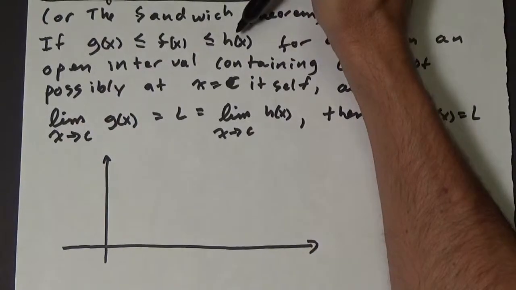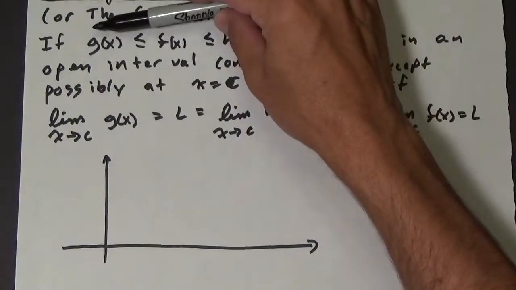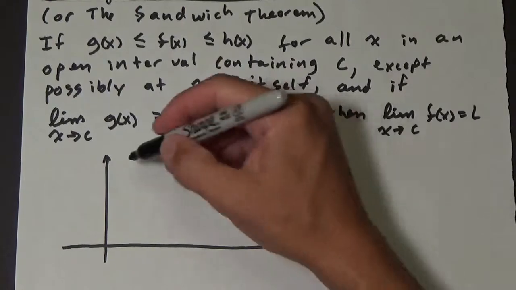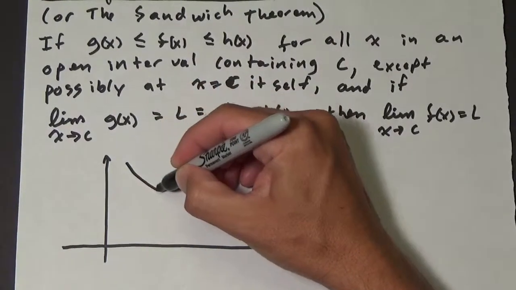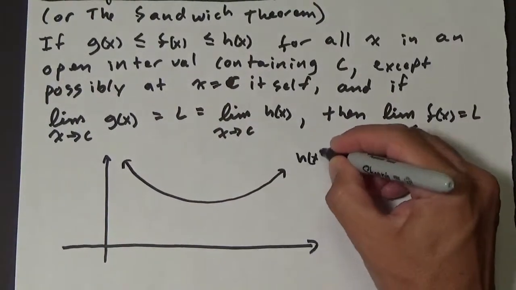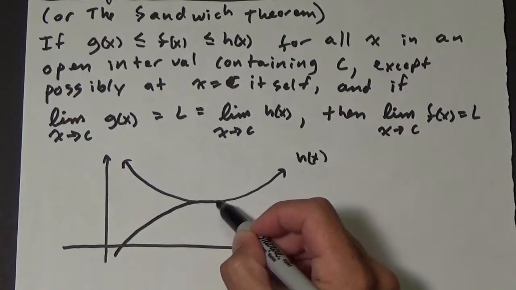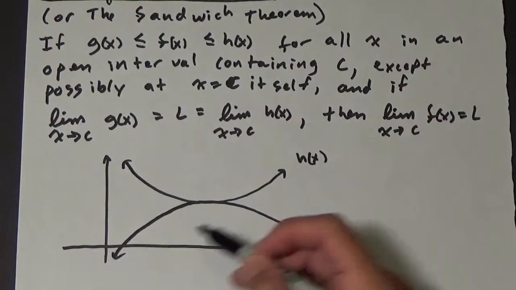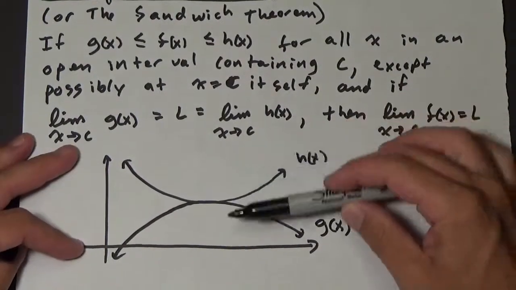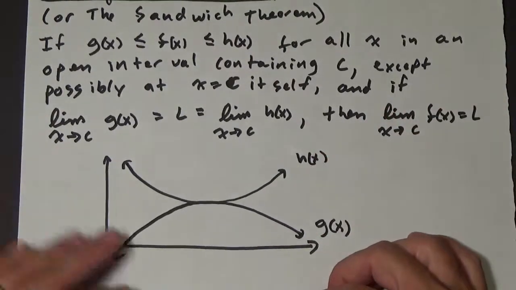Notice how this is all written, that h of x is always the greatest, and g of x is always the least, or the smallest. So for example, this is h of x, and this is g of x. Notice that no matter what, h of x is always greater than or equal to g of x.